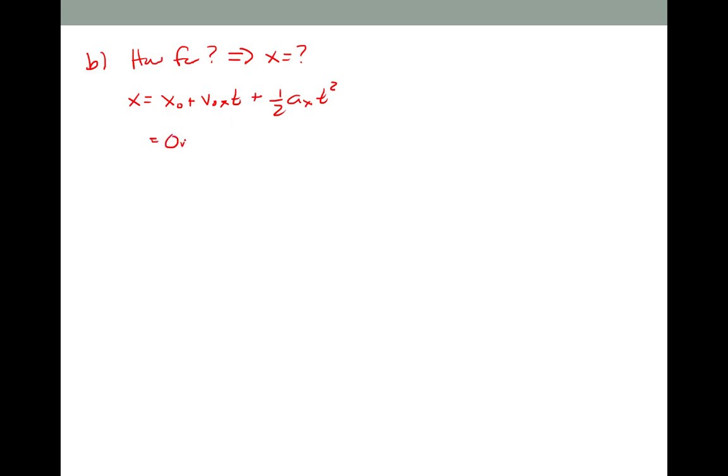So our initial horizontal position we let be 0. The initial horizontal velocity component we found to be 24.15 meters per second. And we multiply it by the 3.22 seconds that we just found. And as I said, I like completeness, so I'm going to write out the acceleration term as well, but it's 0, so it doesn't contribute at all.